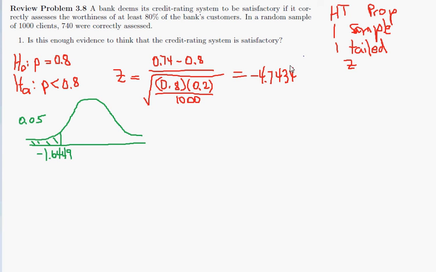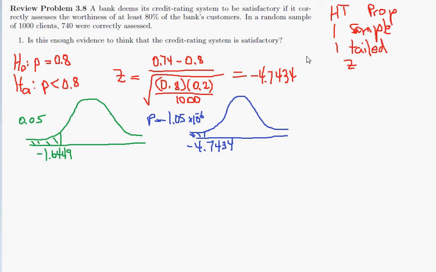The second way of proceeding is by finding the p-value, the chance of seeing a test statistic that extreme or more extreme. So that'd be the area to the left of negative 4.7434. And the p-value, the area in blue that got shaded, is actually, using the commands on the calculator or else Excel, 1.05 times 10 to the minus 6. So quite small indeed, about a chance in a million.